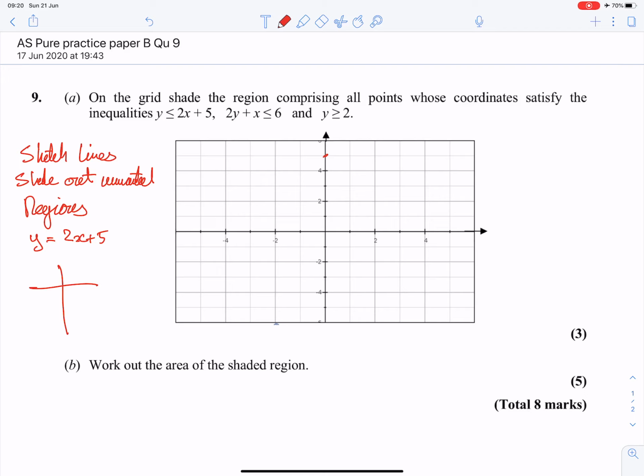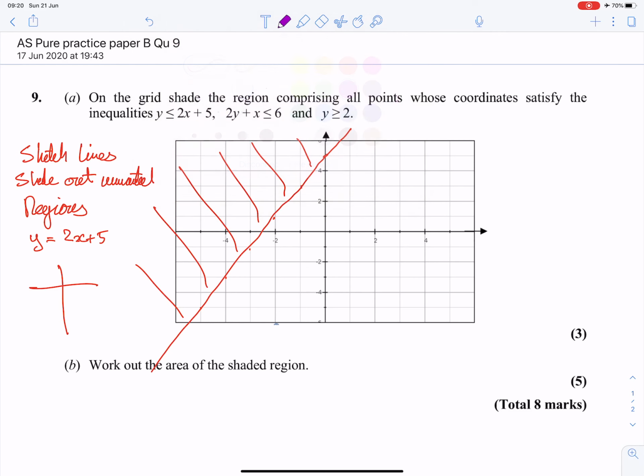So 2 down, 1 across, repeated. There's our line going to go through there. You should use a ruler. It's a solid line because it's included in the wanted region. And we want the y values to be less, so we shade out, this is the unwanted region.